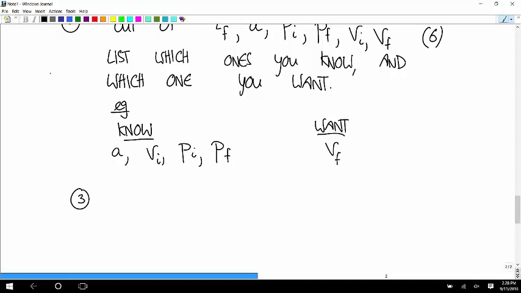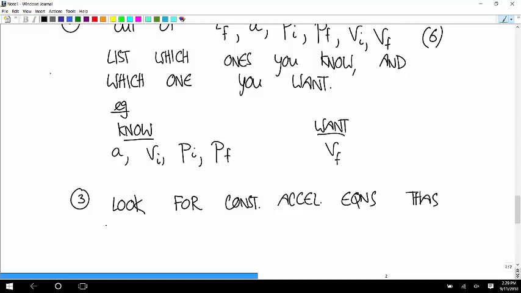Now the third step, and hopefully, and probably most of the time, the last step is you're going to look for one of those 3 constant acceleration equations that has the variable you want.